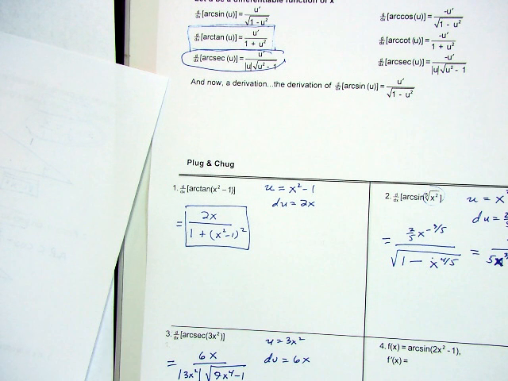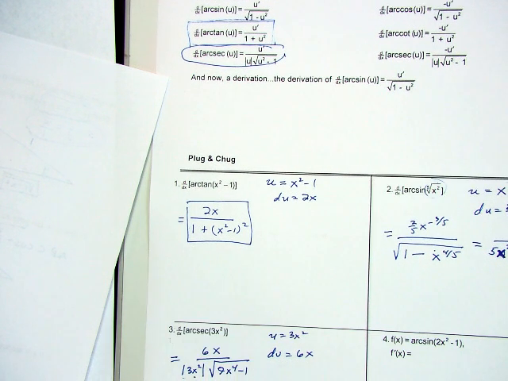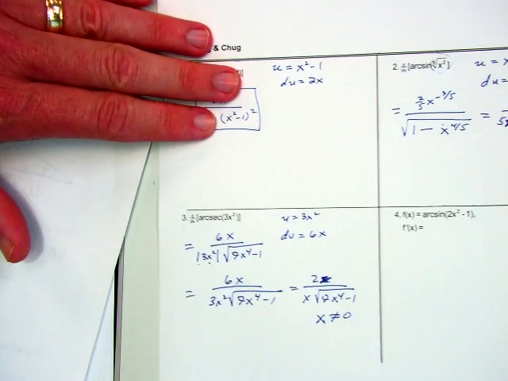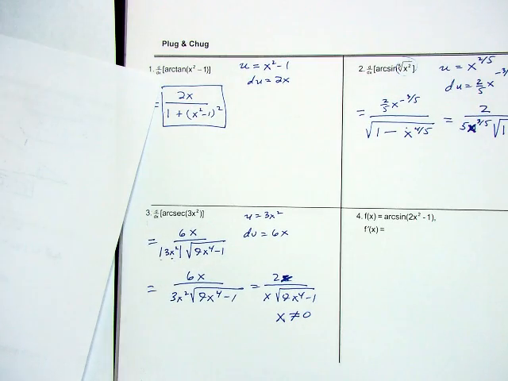Could we simplify further? Sure. I could get it as 2 over x root 9x to the 4th minus 1. But we have to make sure we note that x cannot equal 0 once I cancel that. Okay? So I just simplified this.